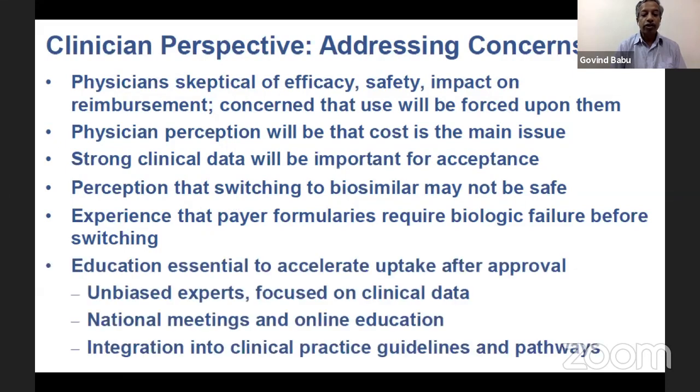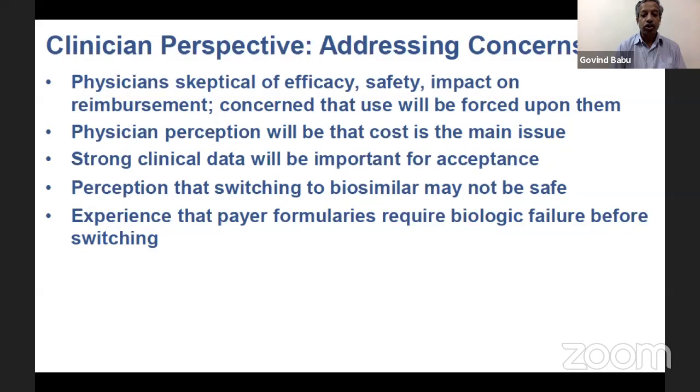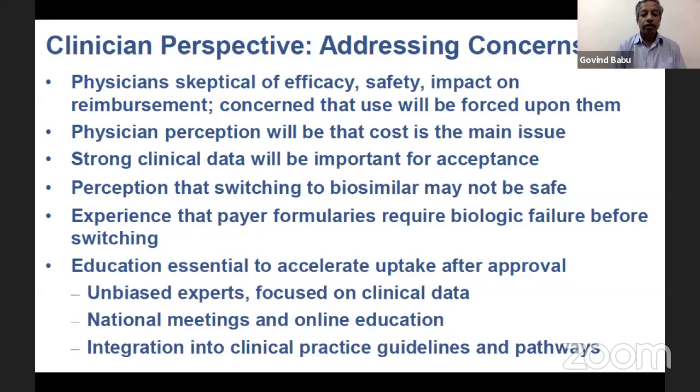And what is important to increase the use of these is the education that is essential for uptake: unbiased experts focused on clinical data, national meetings and online education, and integration into clinical practice guidelines as pathways. I think CMEs and conferences like this need to use these platforms to talk about this, because that is when the use of these biosimilars is going to increase. And as I mentioned, all the advantages of the biosimilars that are coming in will be reaching the patients, and the healthcare system will be taken care of.